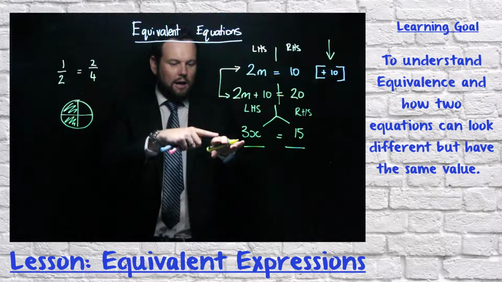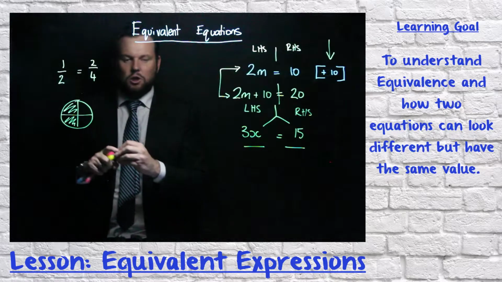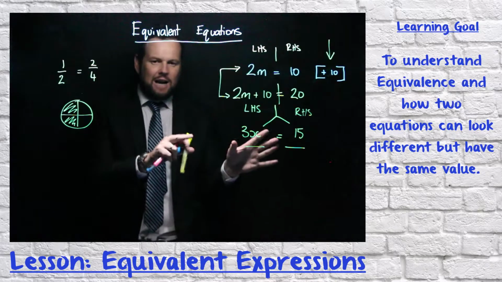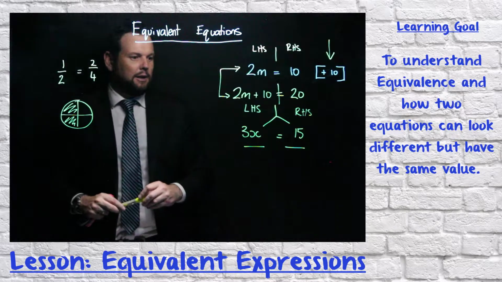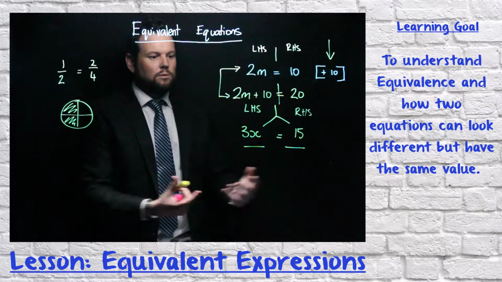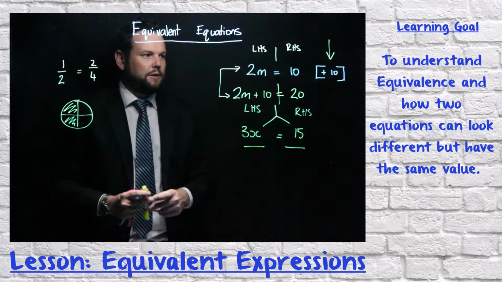And then you would count how many weights are on that side to work out how much whatever object you put on the other side was. It's exactly the same thing. So here, 3x equals 15. What does x equal? We all know it equals 5. 3 times 5 equals 15.